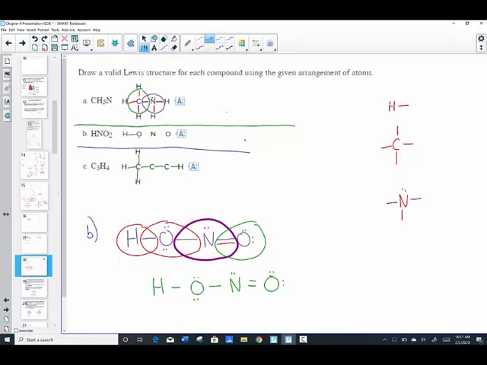I noticed that this carbon, this looks good. It's got 4 bonds. He's happy. This carbon right now only has 2 bonds. This carbon right now only has 2 bonds. So that's not done yet, is it?